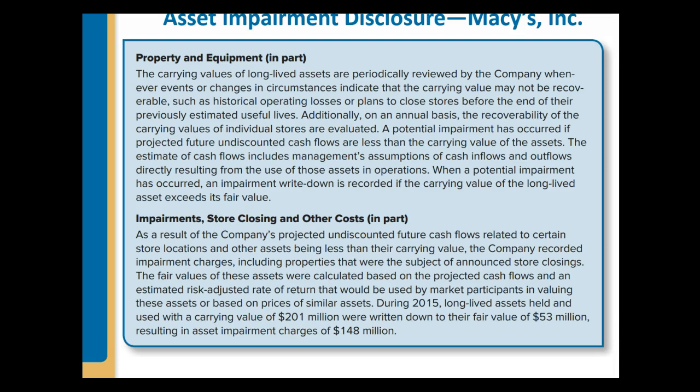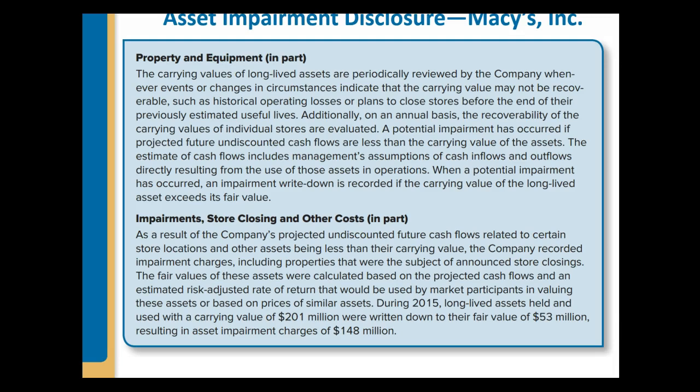As a result of the company's projected undiscounted future cash flows related to certain store locations and other assets being less than their carrying value, the company recorded impairment charges, including properties that were the subject of announced store closings. The fair values of these assets were calculated based on the projected cash flows and an estimated risk-adjusted rate of return that would be used by market participants in valuing these assets or based on prices of similar assets.